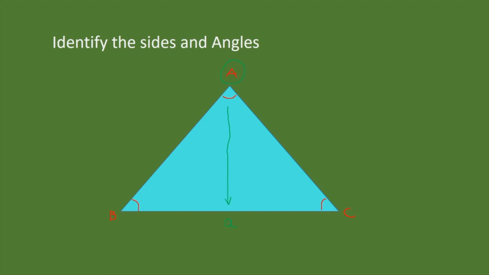This vertex is marked as B, and the side opposite to that can be labeled as b in lowercase, and C is marked as simple c. So this is how we are going to label the triangles before we start with our sine rule.